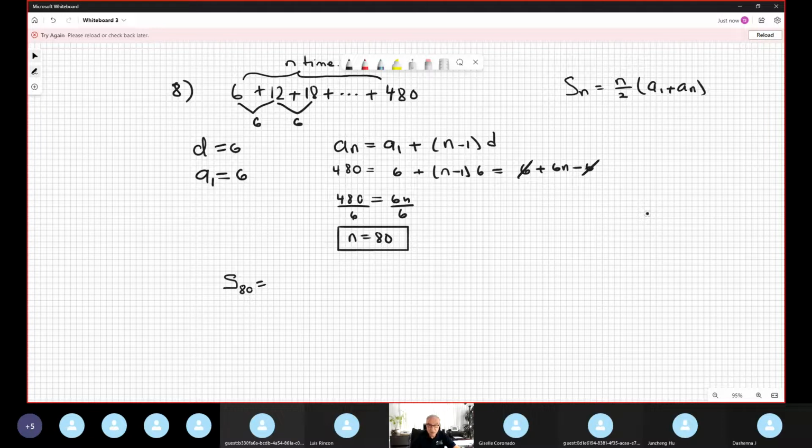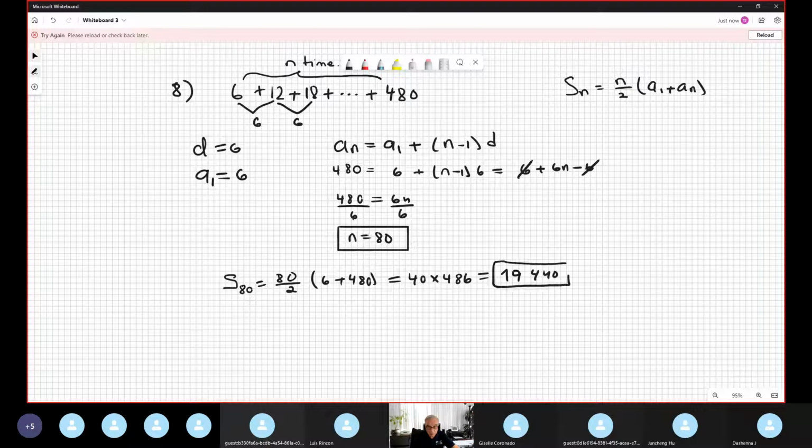In our example, this n is 80, 80 over 2 is 40, parentheses, 6 plus 480. So you add it here, 486 times 40, multiplication, the answer is 19,440. Boom. Final answer. Any question?